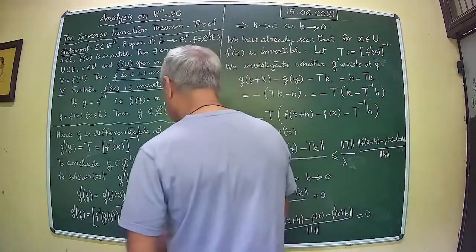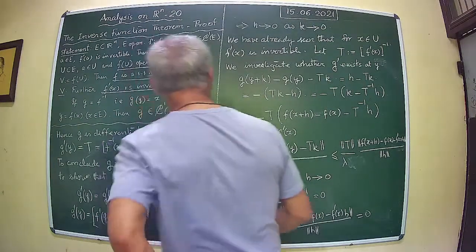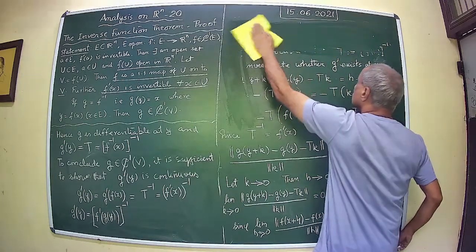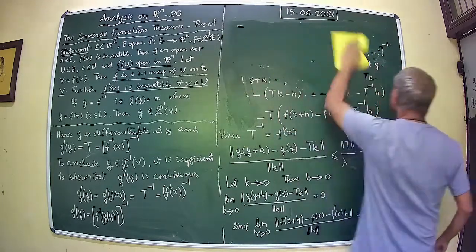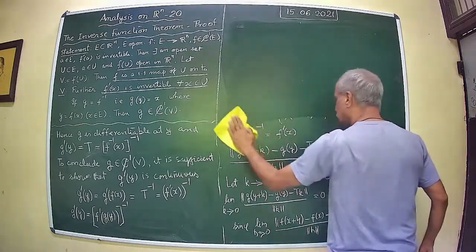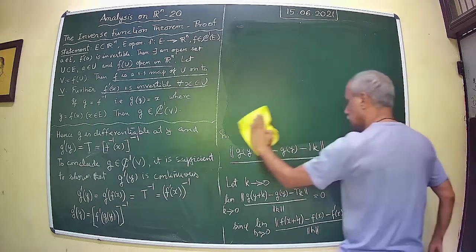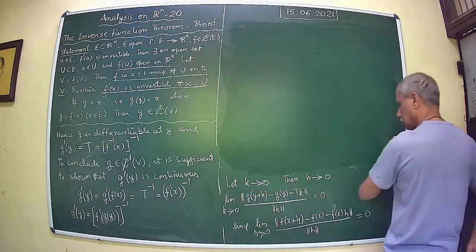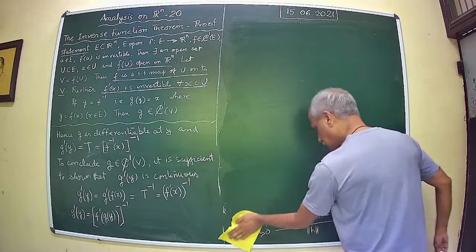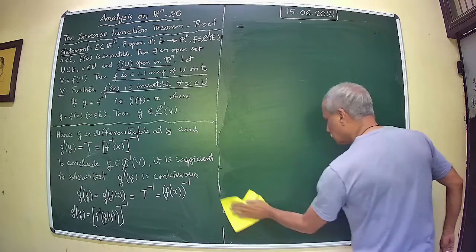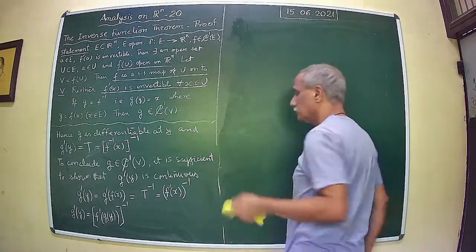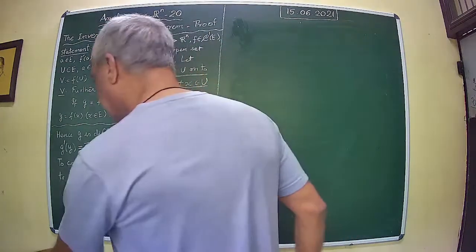Now let us write this back. Let us investigate this map. Now this means the following. Okay, let us see what this means.